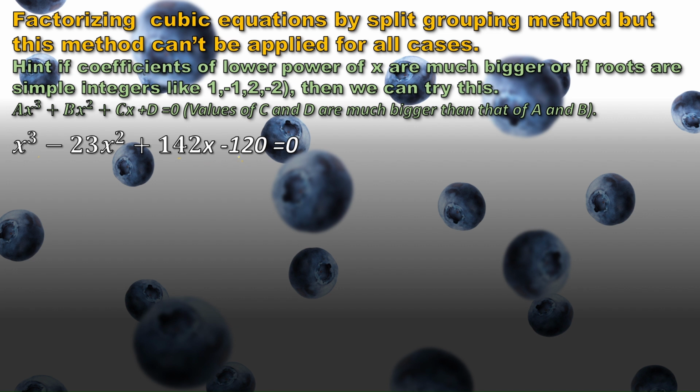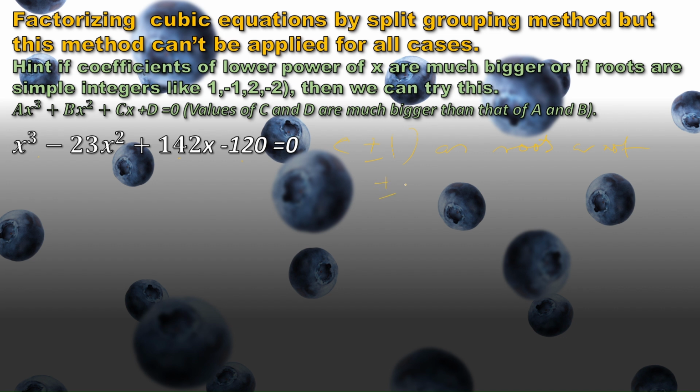In all such cases, we should try split grouping first. This is the first condition. The next condition, which we have just discussed, is to check whether it has plus or minus 1 as roots or not.